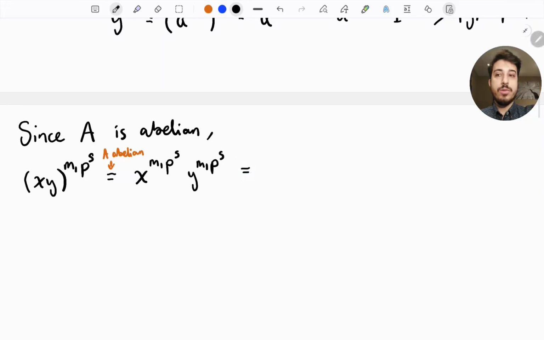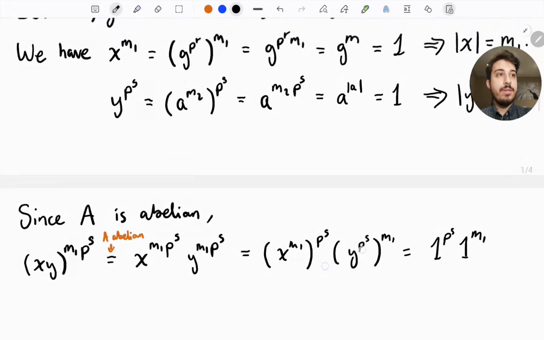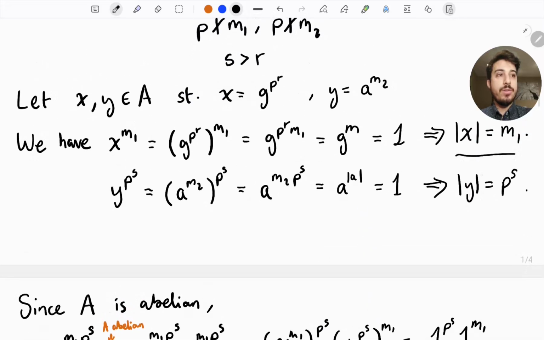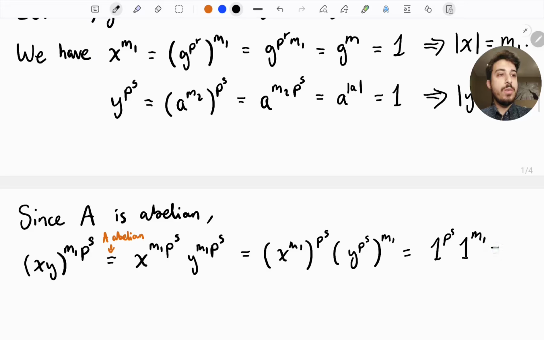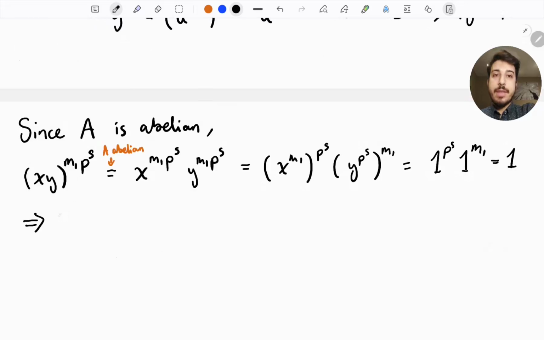And this is equal to x to the m1 p^s times y to the p^s to the power m1, and this is just the identity to the p^s times the identity to the m1, because that is the orders of these two respectively, which is equal to the identity, giving us that the order of xy has to divide m1 p to the s.